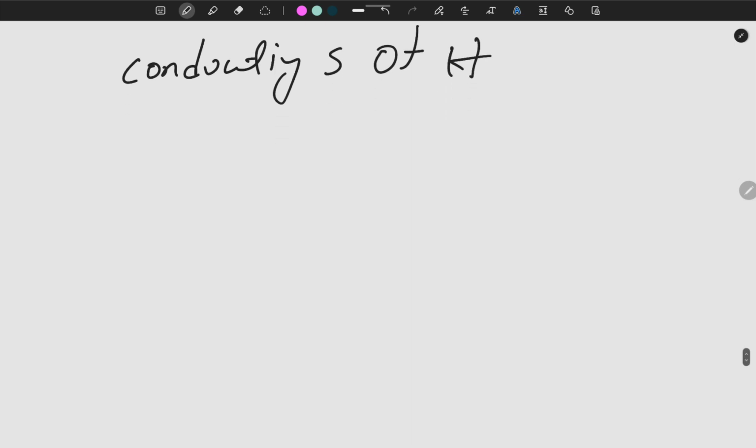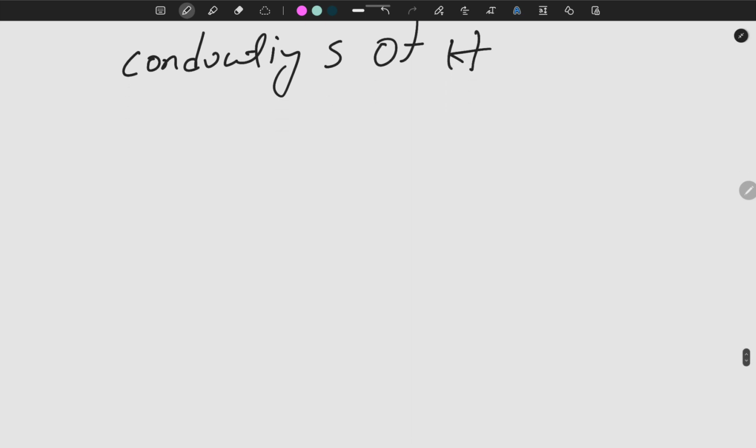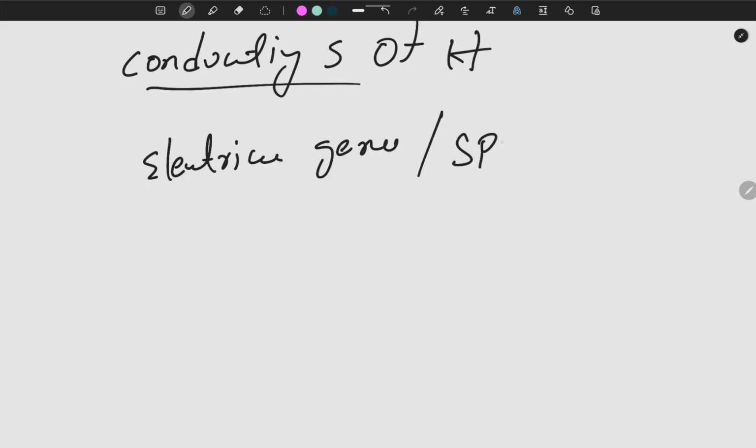So the next one is the conducting system of the heart. Mainly, the conducting system is nothing but electrical impulses generating and spreading. What is the purpose of this conducting system?